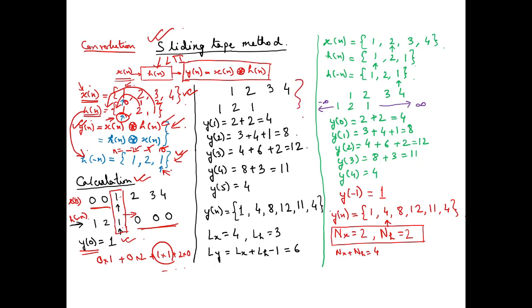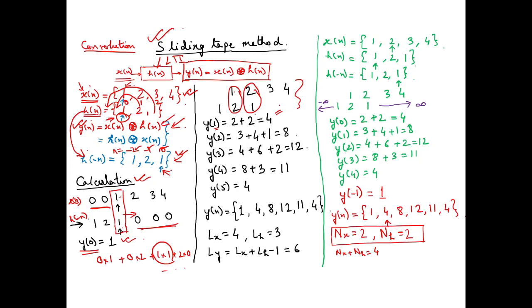When we move the signal h of n towards the right, there is an increment of n by a value of 1. So we have y of 1 equals 1 multiplied by 2 plus 2 multiplied by 1. Again 2, so this comes out to be 4.